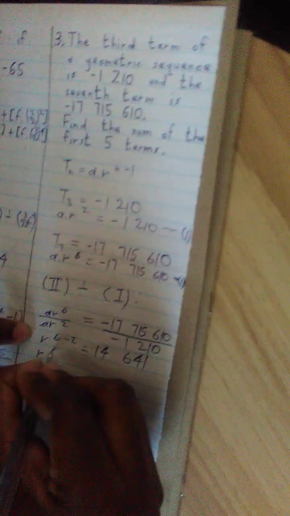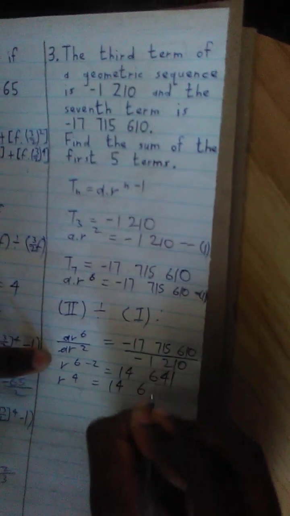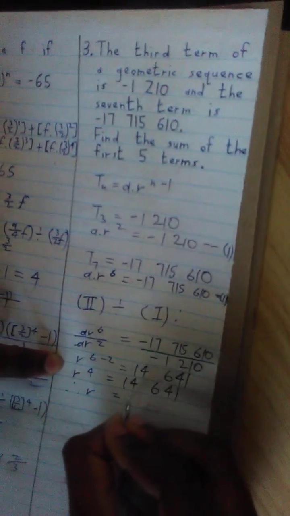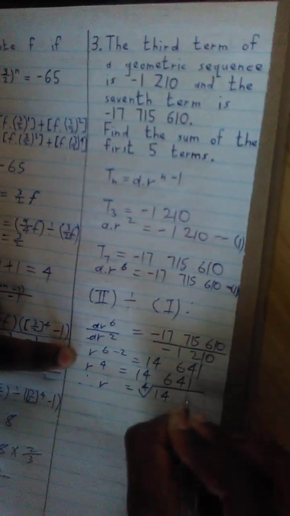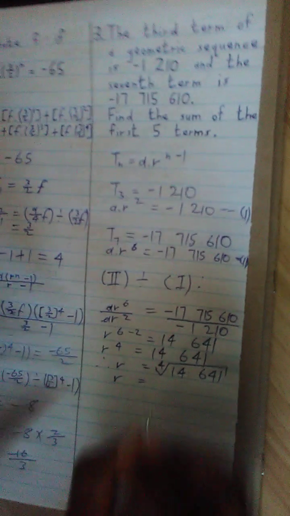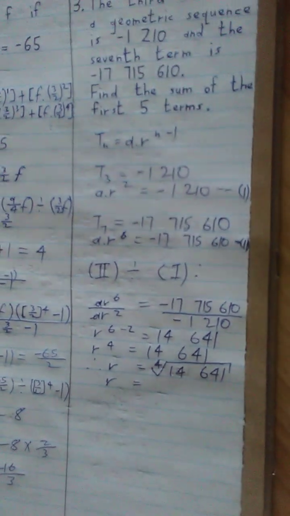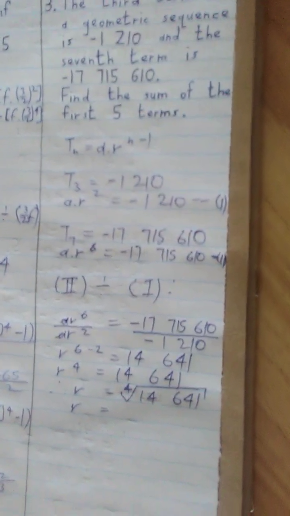So r to the power of 4 is 14,641. r is the fourth root of 14,641. Sorry about that. r is 11.